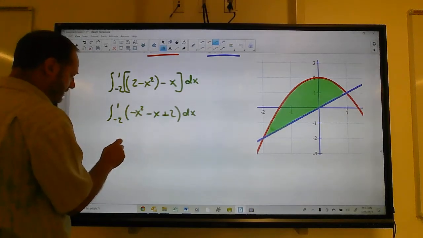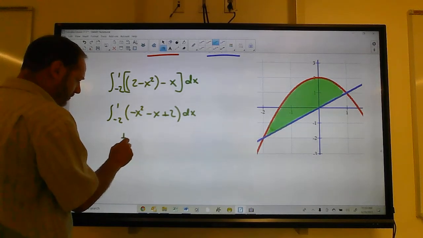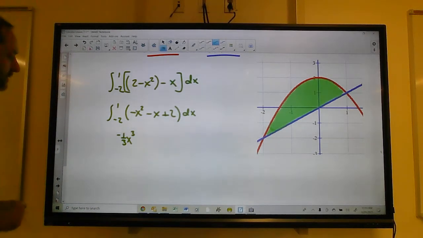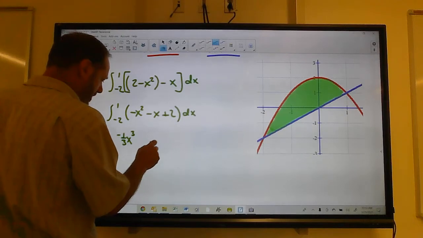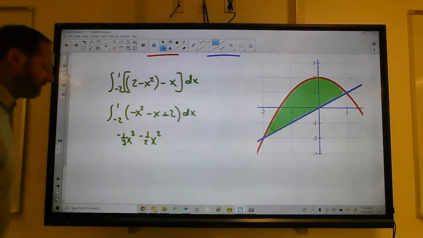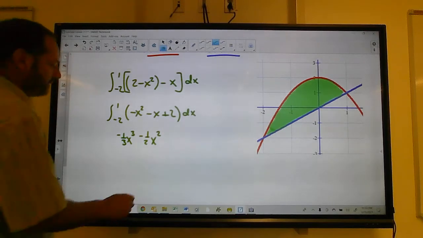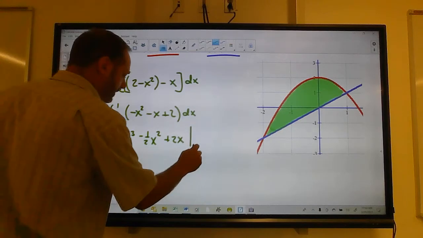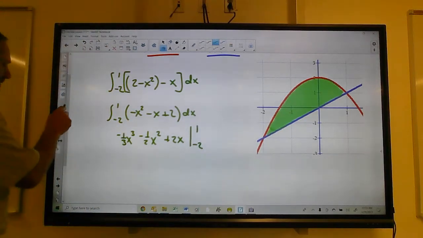Now we integrate, so this is going to be -1/3 x³, then -1/2 x², and 2x, and we're going to evaluate that from -2 to 1.